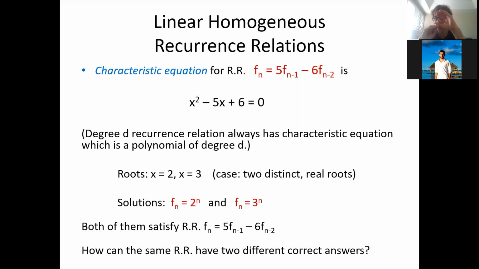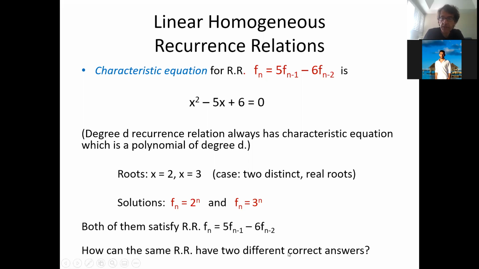So you know without looking at base cases that the solutions of the recurrence relation are just these two. And now you have to look at which of these two really works, right? Because a recurrence relation defines a unique sequence. Yes, it does, together with base cases. And we'll see that in a second.